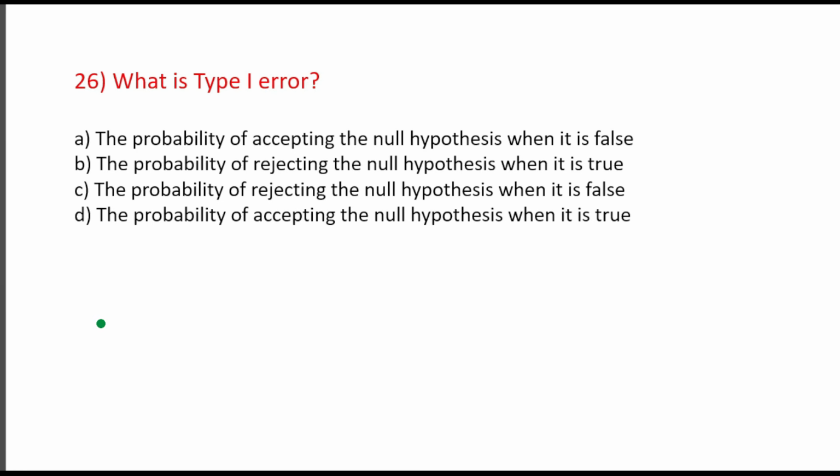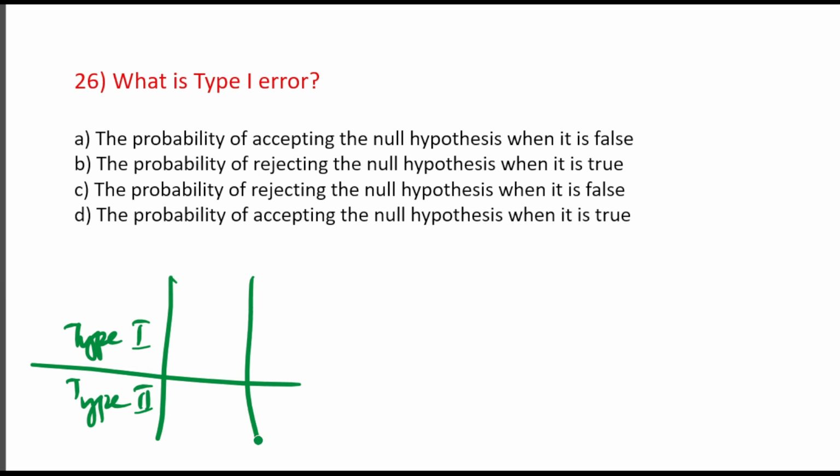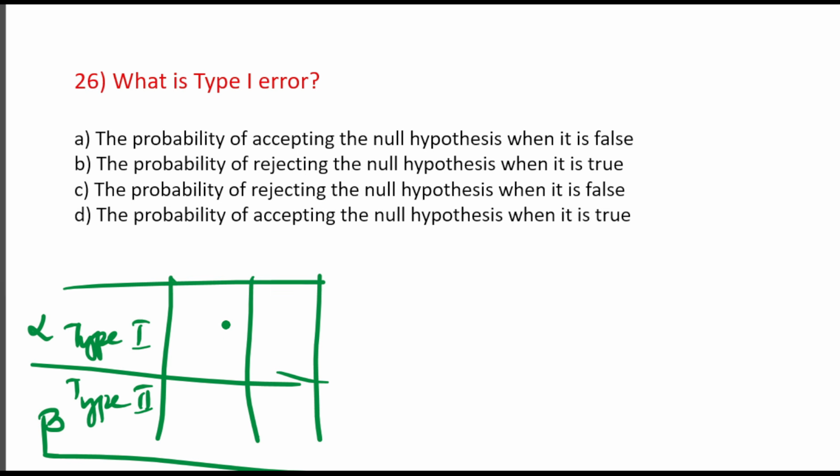Let us see how the answer came for this question. As I told, we will quickly put the table. Type 1 error, type 2 error. Type 1 is also called alpha, type 2 is also called beta.